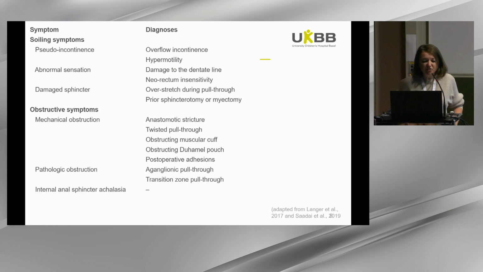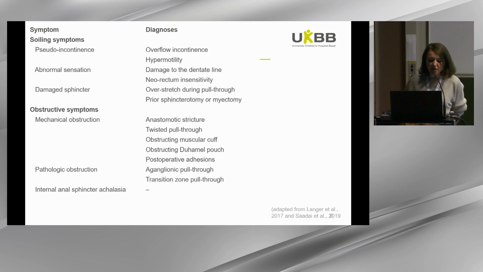Do we have an obstructing muscular cuff? That needs to be excluded. And then, of course, we need to take another set of biopsies and make sure that the whole aganglionic part of the colon has been removed, including the transition zone, and nothing really is left.